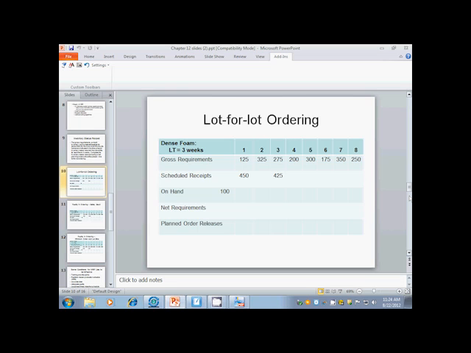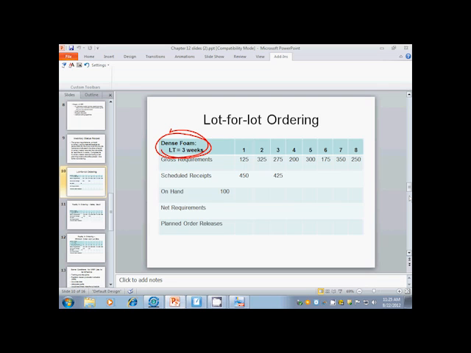If you notice up in the left-hand corner, this is the old-fashioned way to do it. Again, this is done on the computer now. But you would have X number of time blocks or time buckets. Here we know that our time buckets are in weeks because it says lead time in weeks in this top left corner.